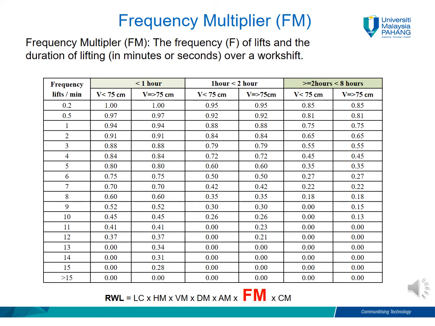In the first column of the table, the frequency of lift per minute, you need to identify the frequency of lifting conducted per minute. Once you obtain the value, circle the frequency of lifting per minute in the first column.